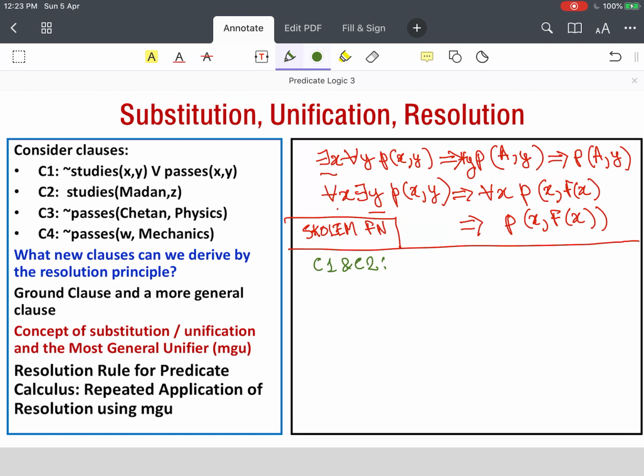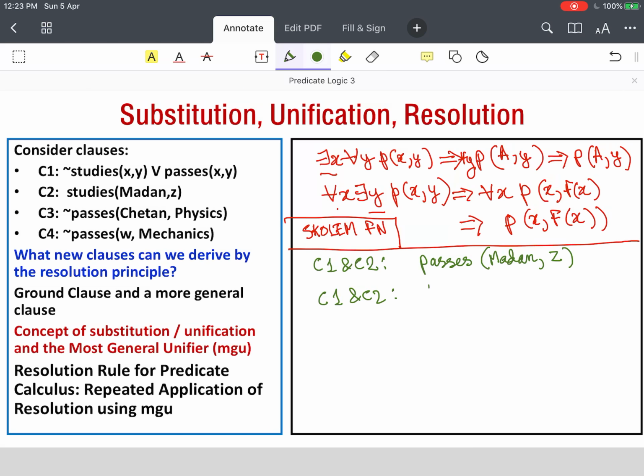In order to unify C1 and C2, in C1 we could replace X by Madan and Y by Z, and we will get a new clause which will be passes Madan Z.